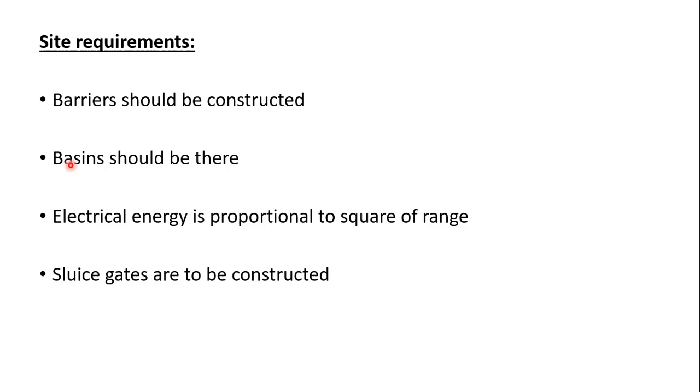So a favorable site for the tidal power plant should have a large tidal range. And the geographic features should permit enclosing of large areas with reasonably short dams or other barrages.